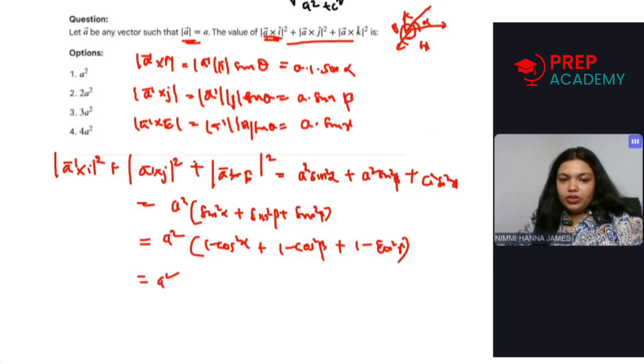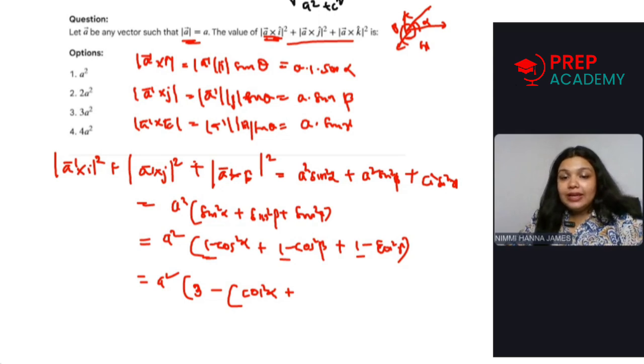Okay, now this is 1 plus 1 plus 1, it is 3. Taking minus outside, what do we have? It is cos squared alpha plus cos squared beta plus cos squared gamma.